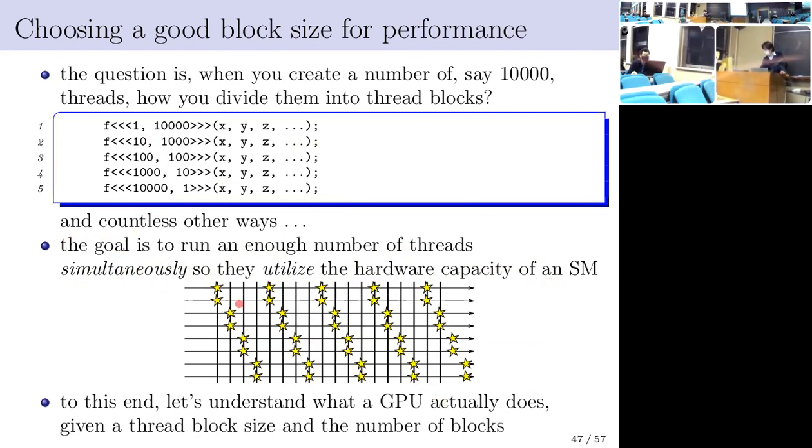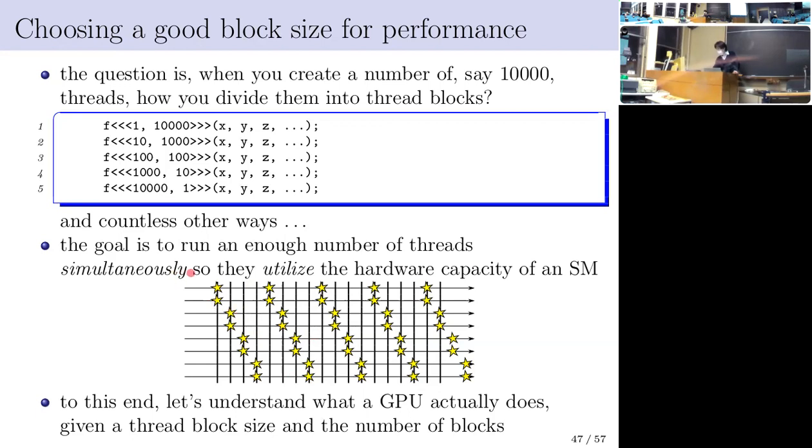So this is a conceptual illustration. Each horizontal arrow indicates how a single thread progresses over time. And this star, just imagine that the star means a point at which the thread does some useful work, like AX plus B in the previous example.